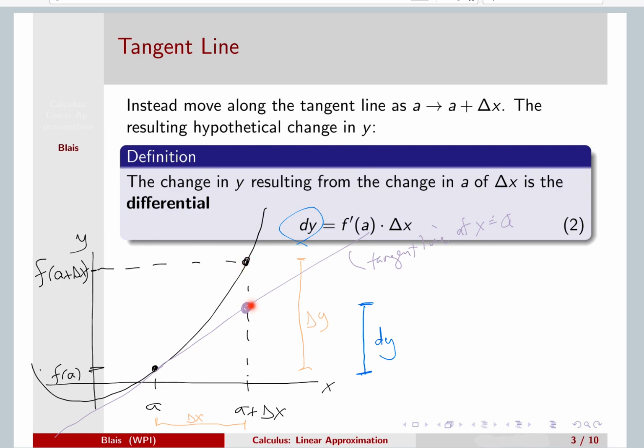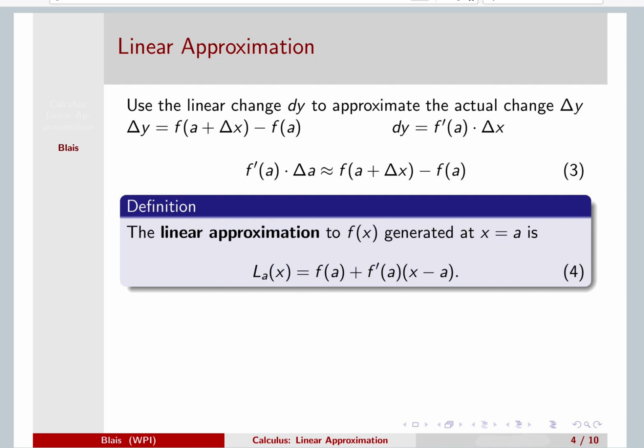You want to imagine this action going on down in here. We just wouldn't be able to draw a very good picture. Or if we actually zoomed in, we would see the same kind of thing as what we see now if it was happening here. So the idea is if delta x is small, using this dy to approximate delta y can work.